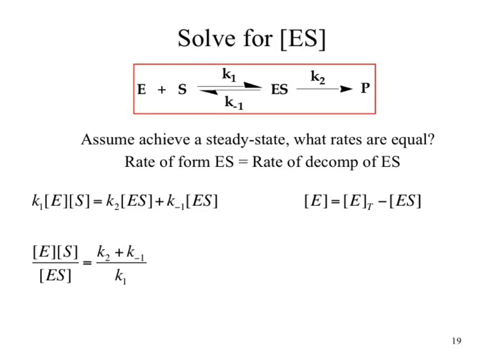Okay. The enzyme concentration, you'll notice I do not have an E sub T on it. Why not? Is the enzyme concentration changing through the course of the reaction? This enzyme concentration here is changing. The enzyme substrate concentration is changing.